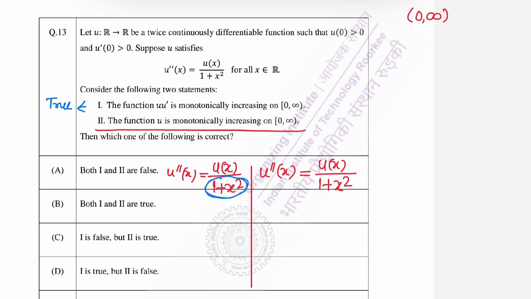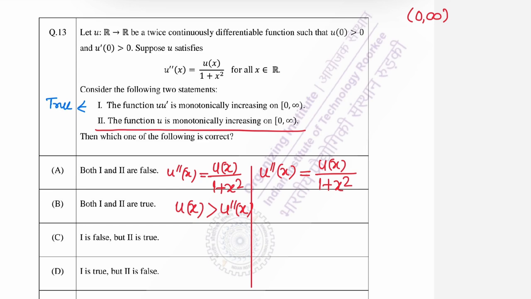If you observe this thing for this interval, then that will be greater than 1. Then if I remove this thing, there will be an inequality, and that inequality will be u(x) greater than u double dash x.